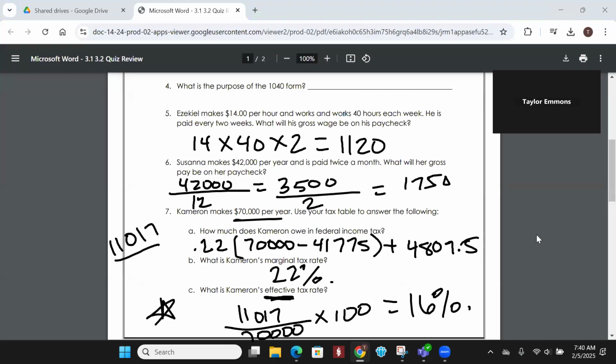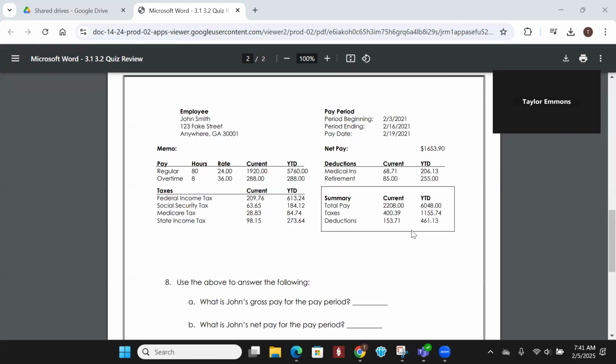All right, flip to the back. Okay. What is John's gross pay for the pay period? How much does he make? Where'd you get that from?